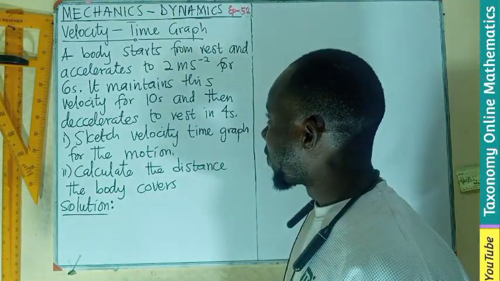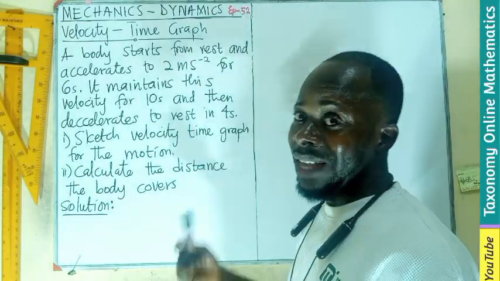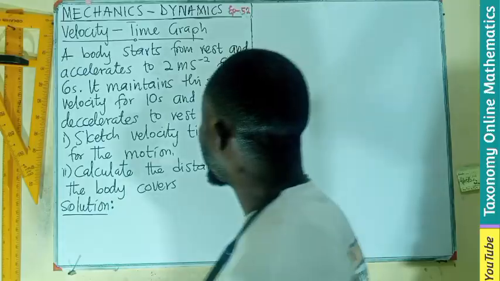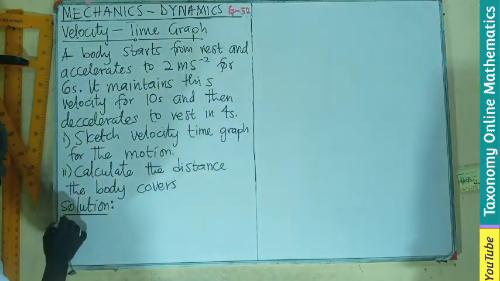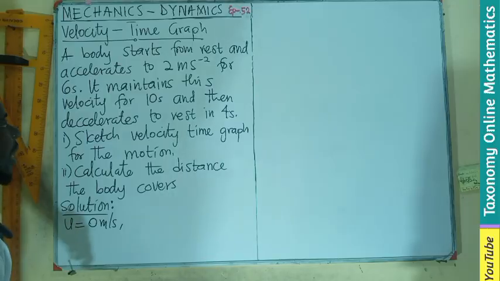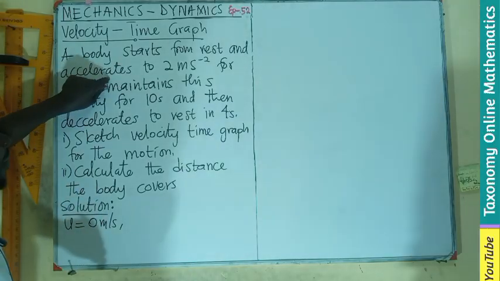So first of all, before we draw the diagram, let's bring out the parameters or the information outlined in the question. Starts from rest, meaning initial velocity is 0 meters per second. Then accelerate.